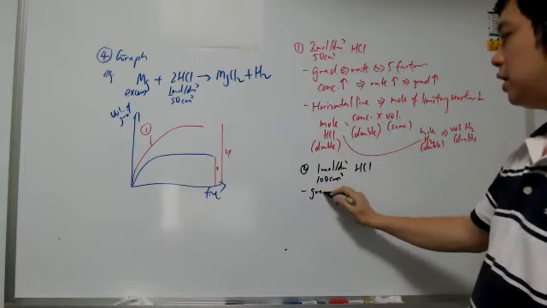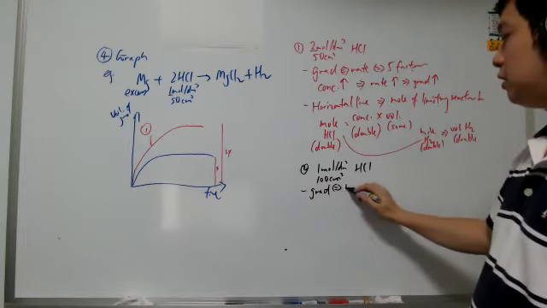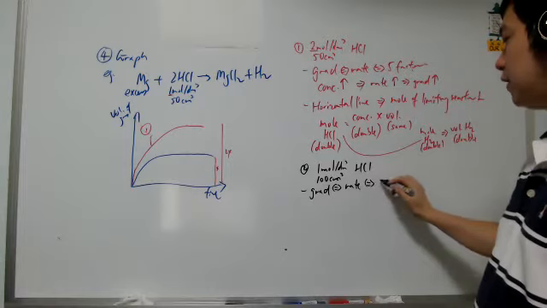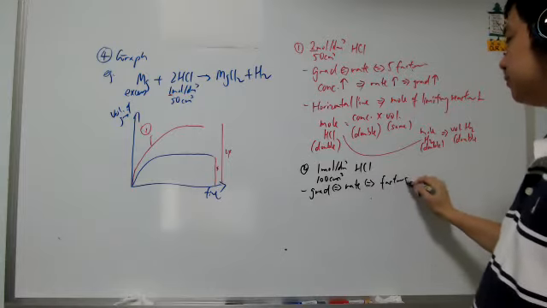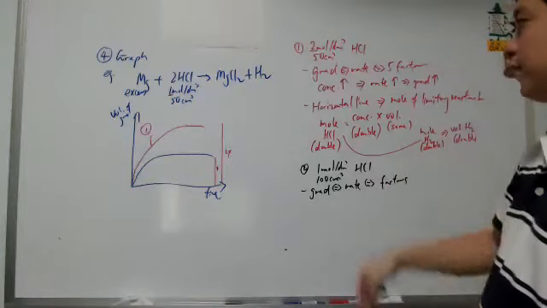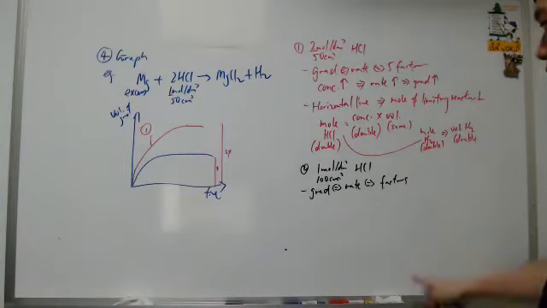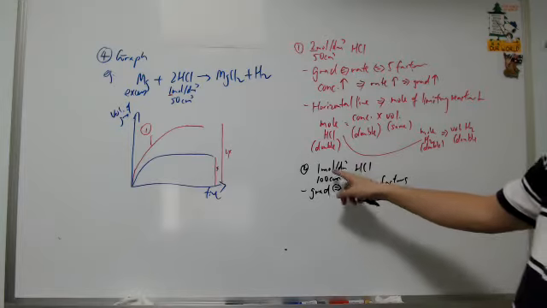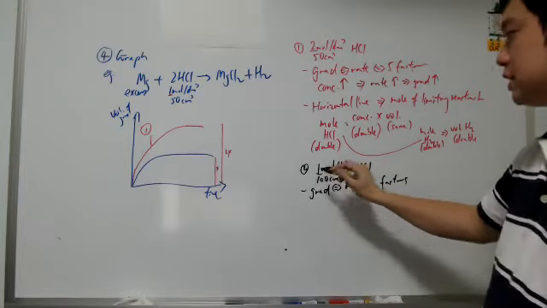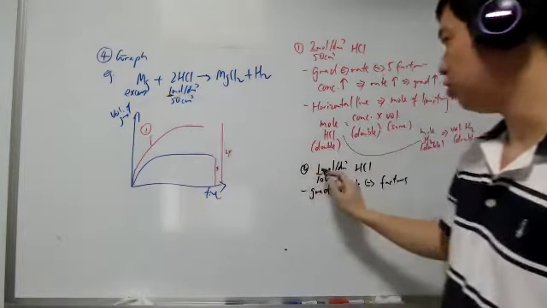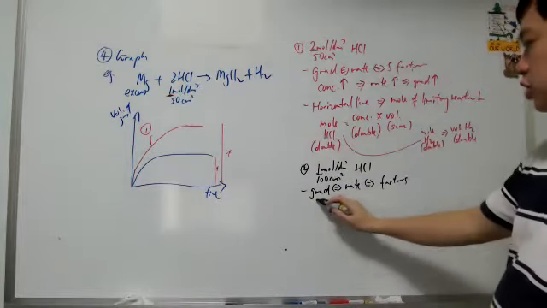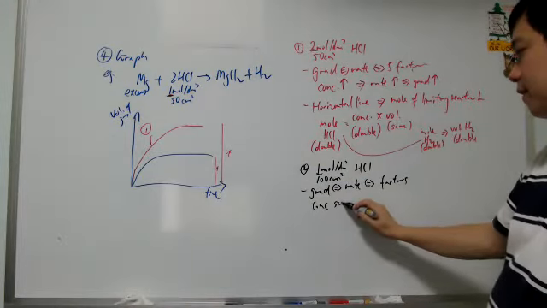The gradient, as usual, is affected by the rate, and the rate is affected by the 5 factors: concentration, pressure, particle size, temperature, catalyst. Here, only concentration applies, but concentration is the same as the original.